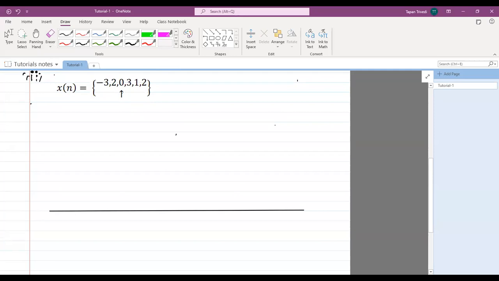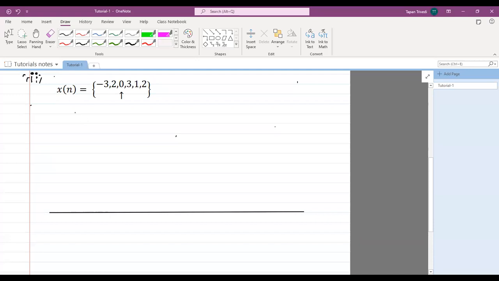This arrow indicates n is equal to 0. That means it is like this. Here we have n and here we have x of n.